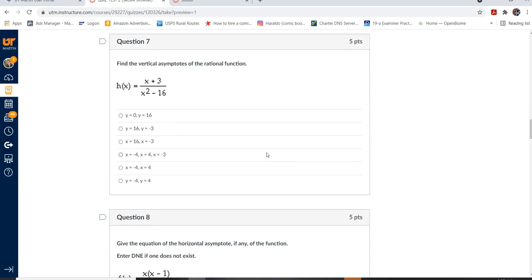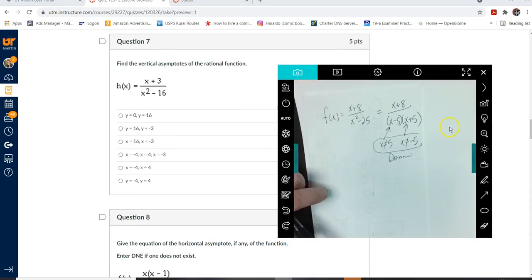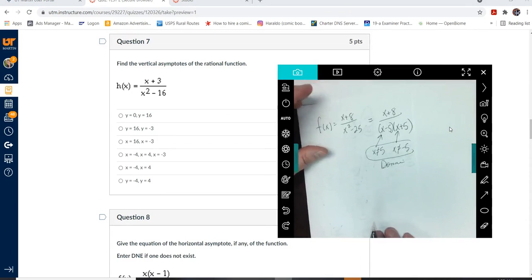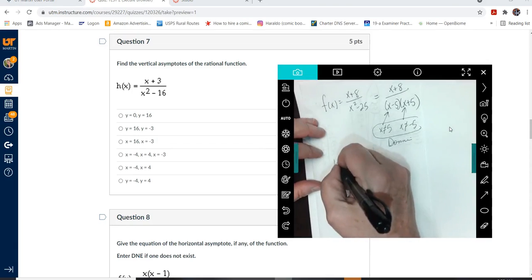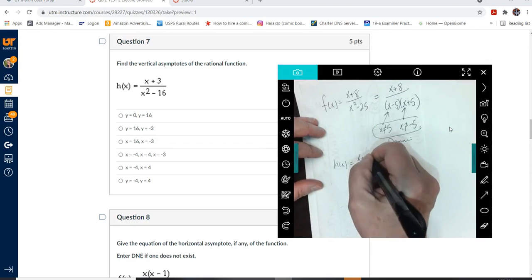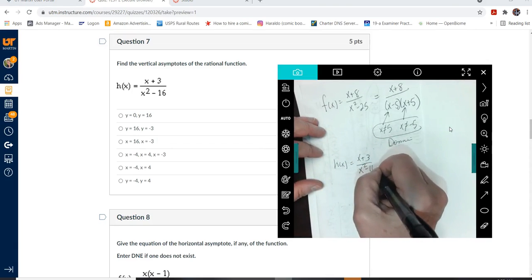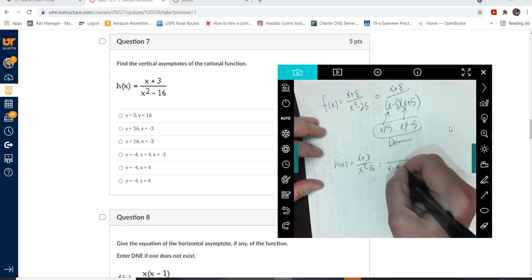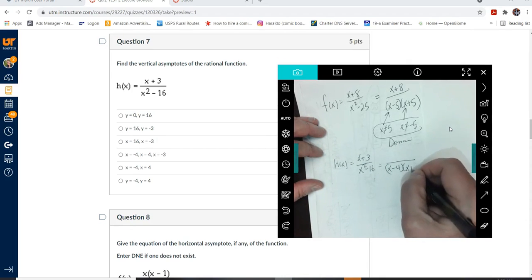Okay, find the vertical asymptotes. Again, you're going to need to factor. X squared minus 16 factors as x minus 4 times x plus 4.